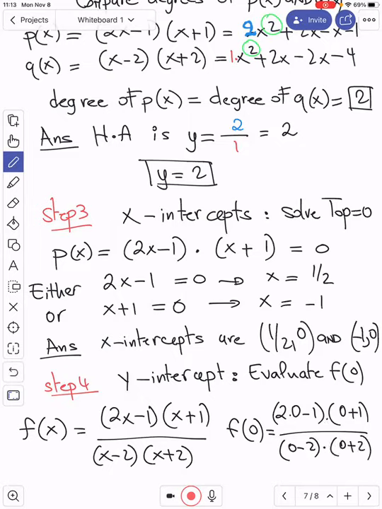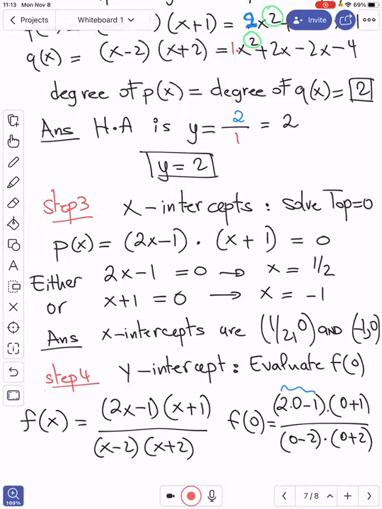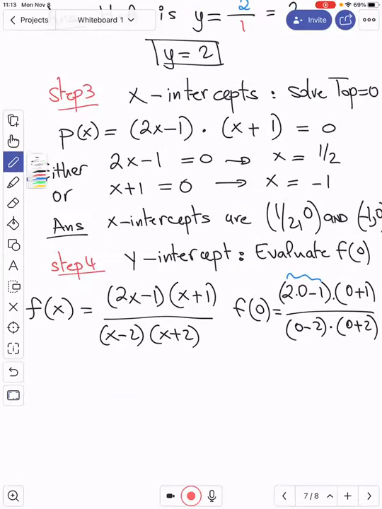Be careful, guys, with the PEMDAS rule. In this 2 times 0 minus 1, first we do the multiplication, multiplying 0 by 2, and then we subtract 1. So just be careful with that. Then f of 0 would be 0 minus 1, that's -1, times, it's not a subtraction, it's a multiplication, times +1, over -2 times +2.